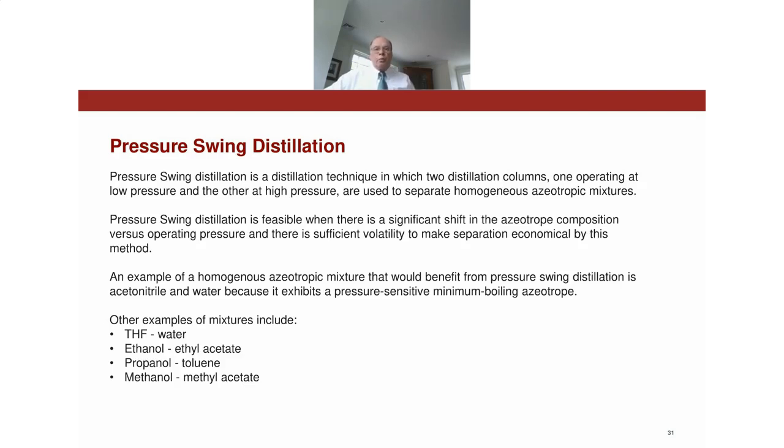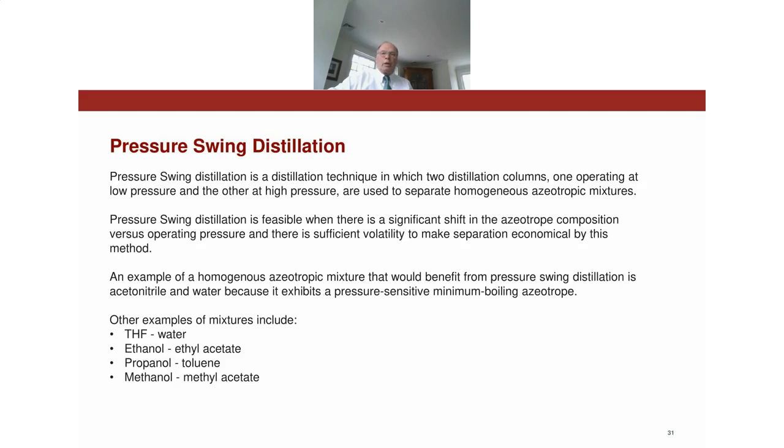There is an azeotrope between acetonitrile and water, and at atmospheric pressure, that azeotrope is roughly 86, 87% acetonitrile by weight. So in order to dry the acetonitrile, we were going to have to overcome the azeotrope. And we used a technique called pressure swing distillation for this application.